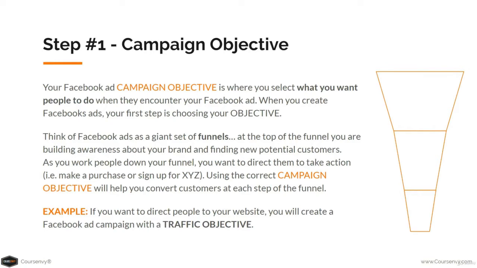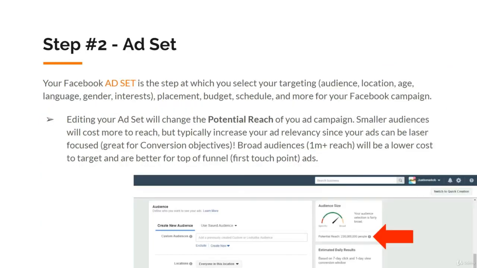As you work people down the funnel, you want to direct them to take action, such as make a purchase or sign up for XYZ. Using the correct campaign objective will help you convert customers at each step of the funnel. For example, if you want to drive people to your website, you will create a Facebook ad campaign with a traffic objective.